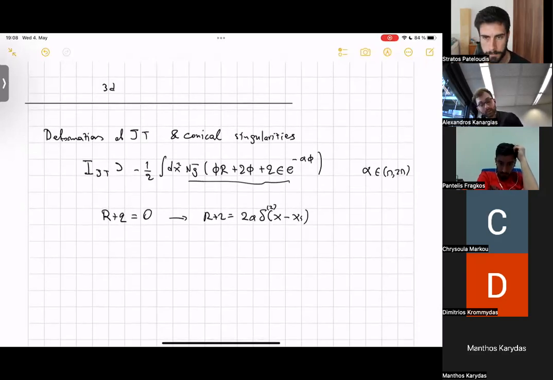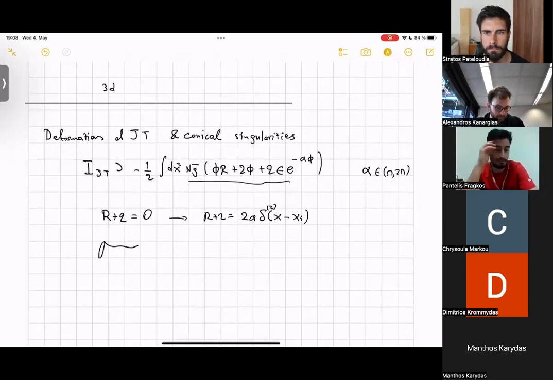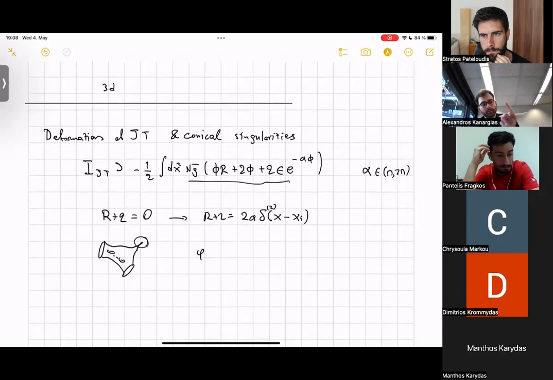And now your surfaces become even more interesting. You have surfaces with conical singularities, and this means that locally around such points, when you go around this point, the identification is not when you go around 2 pi, but when you go around 2 pi minus this alpha.